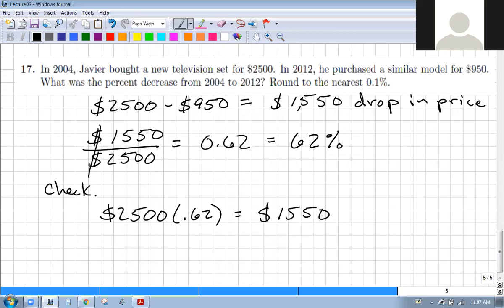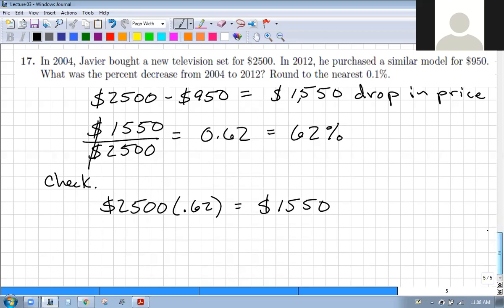Am I doing that right? Yeah, that's the price difference there. Any questions? No, no, sir.